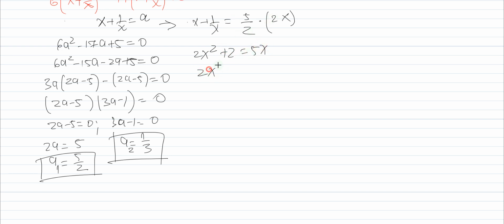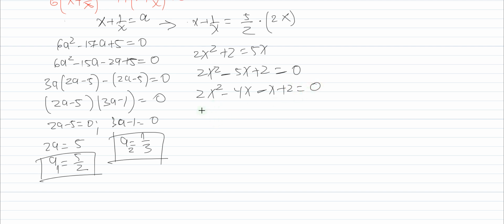So we have 2x squared minus 5x plus 2 equals 0. This is a quadratic equation, and I'm going to factor it again: minus 4x minus x plus 2.